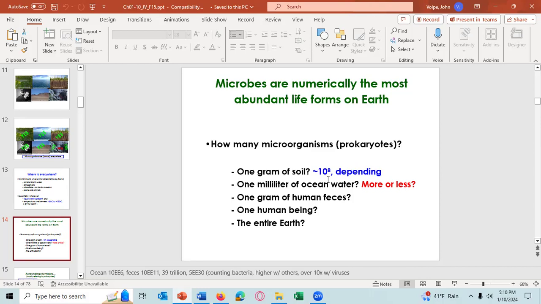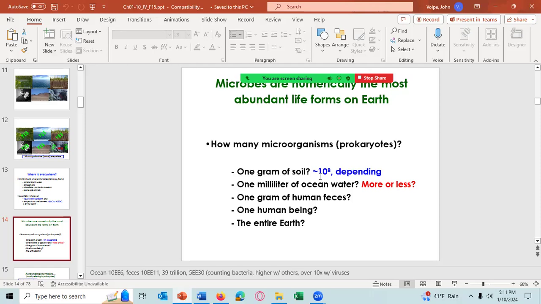Even in that soil, you'd find something like 10 to the 6 microbes or prokaryotic cells in 1 gram of soil. In 1 milliliter of ocean water, which would be 1 gram of ocean water, would you think you would find more cells or less cells than in 1 gram of soil? Anyone want to guess?